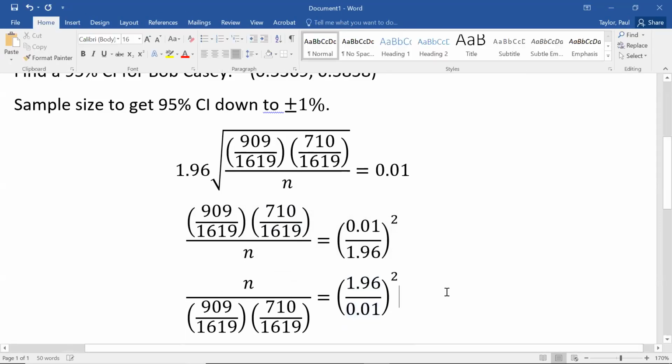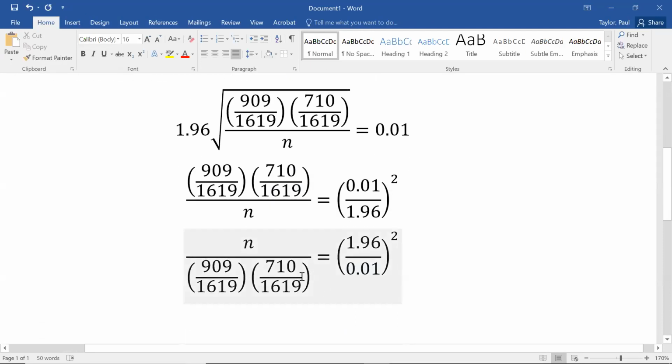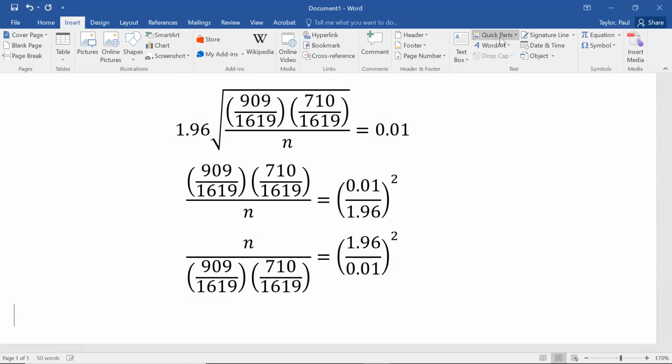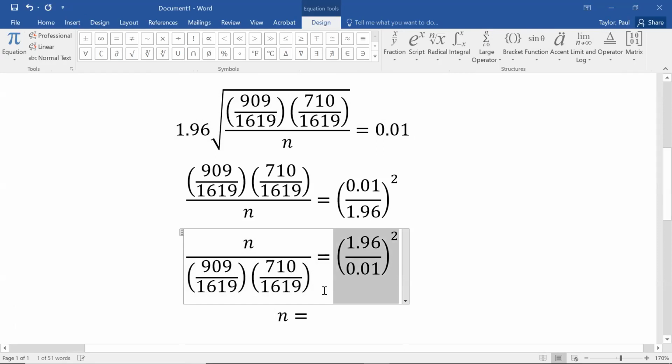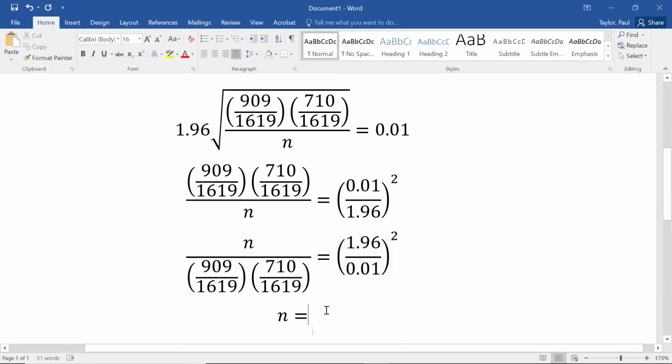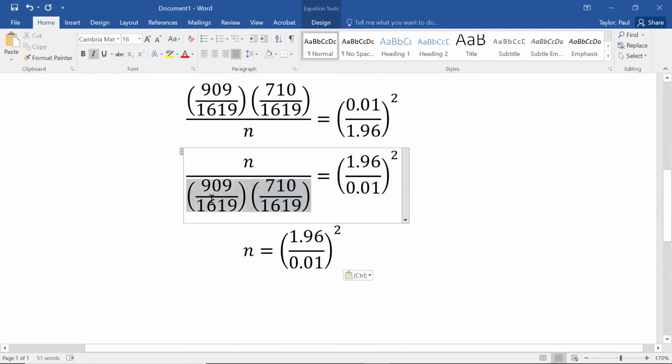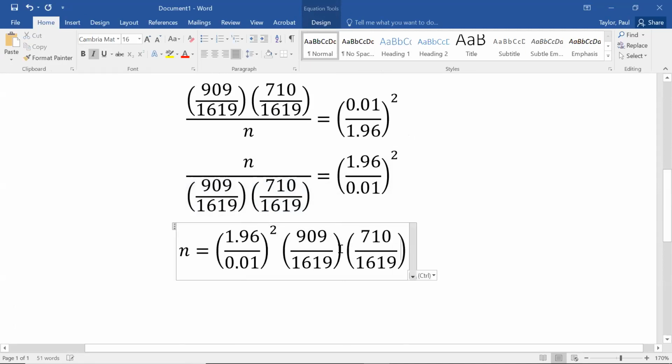We flip both the fractions over, and then we just have to multiply these two things over to the right side. So my n is equal to 1.96 over 0.01 quantity squared, and then times my p and 1 minus p.